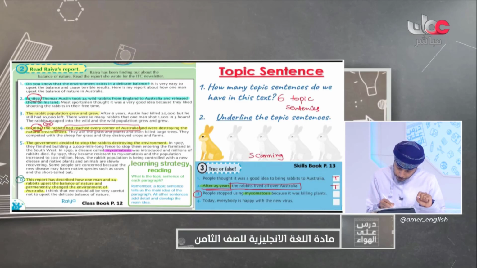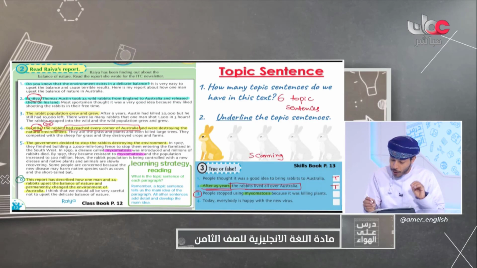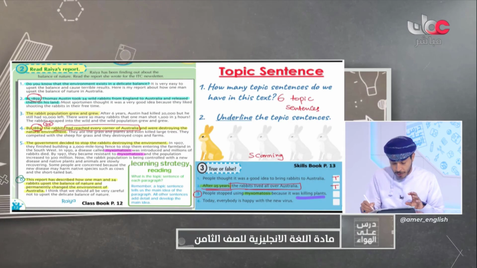Okay, it is written twice. Good. The question says, people stopped using myxomatosis because it was killing plants. Was it killing plants?